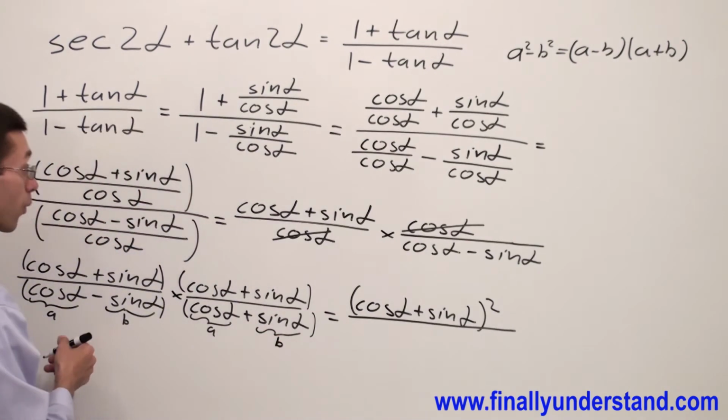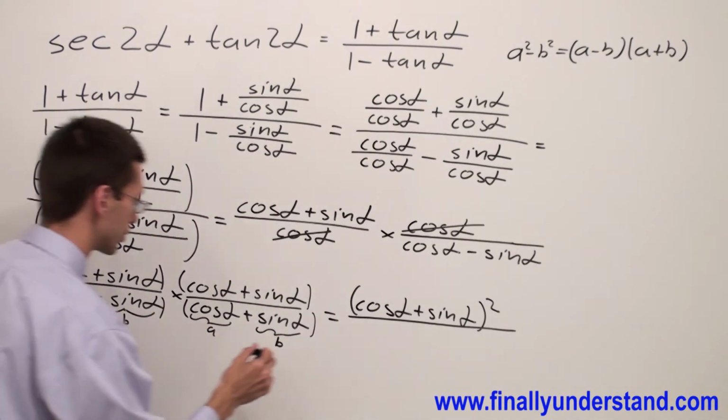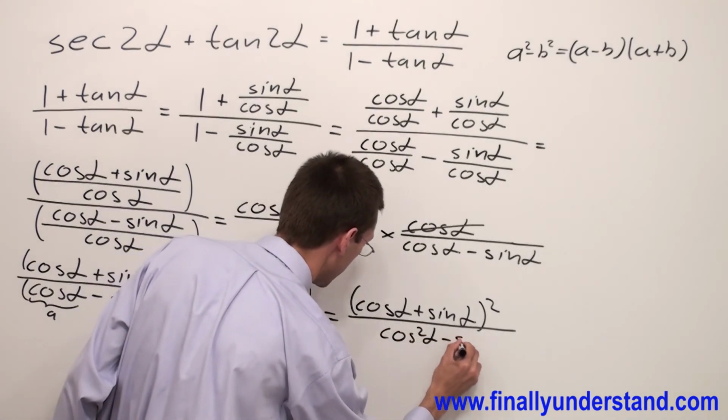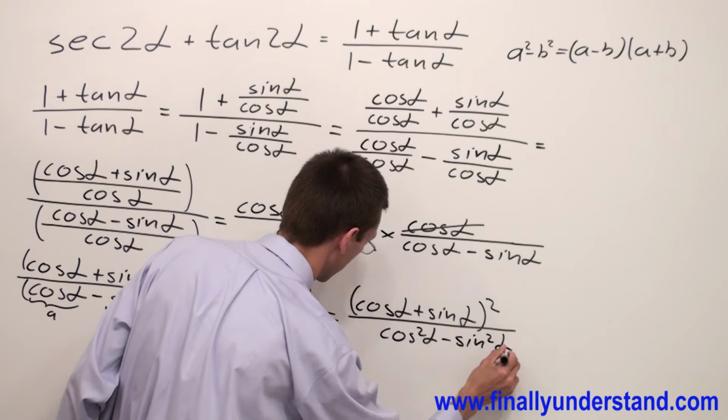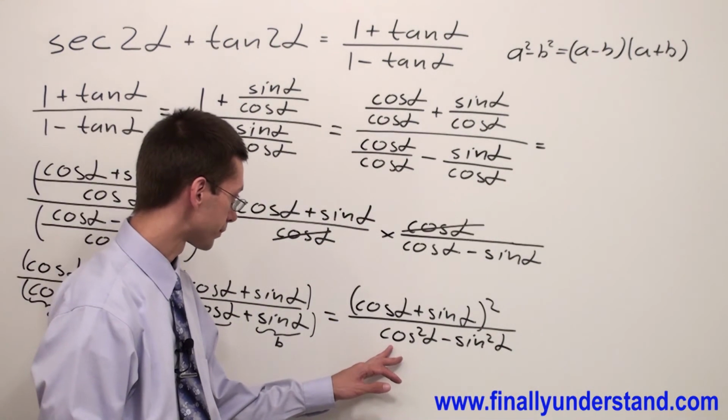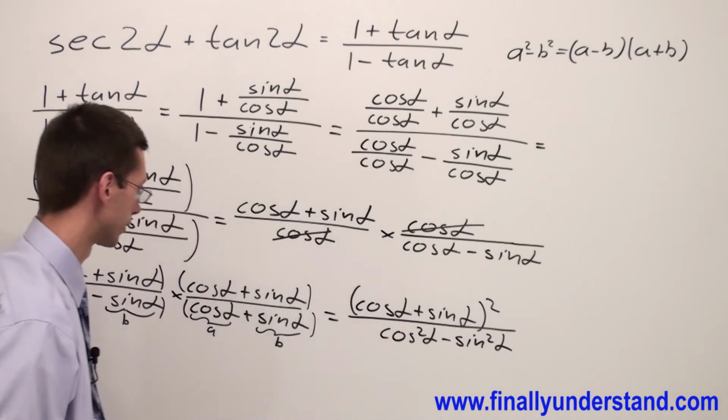That's why I can rewrite this as cosine square alpha minus sine square alpha. Okay, so that is what we have got so far.